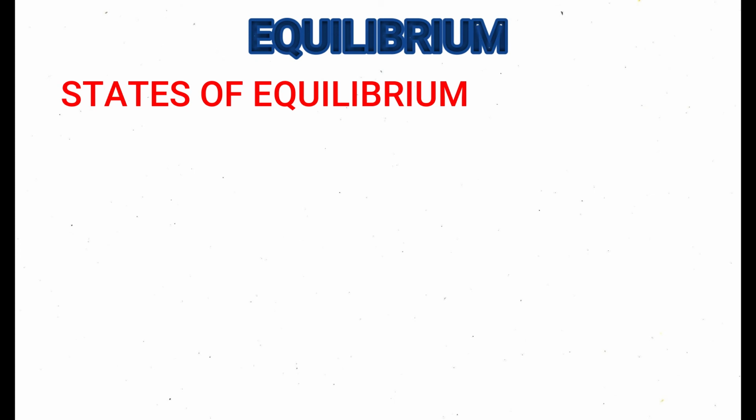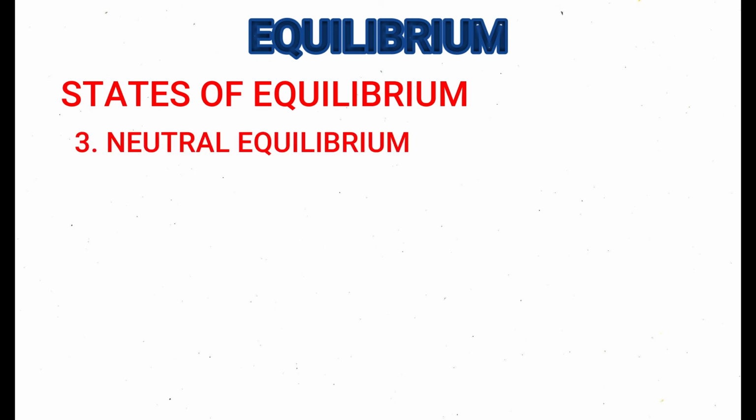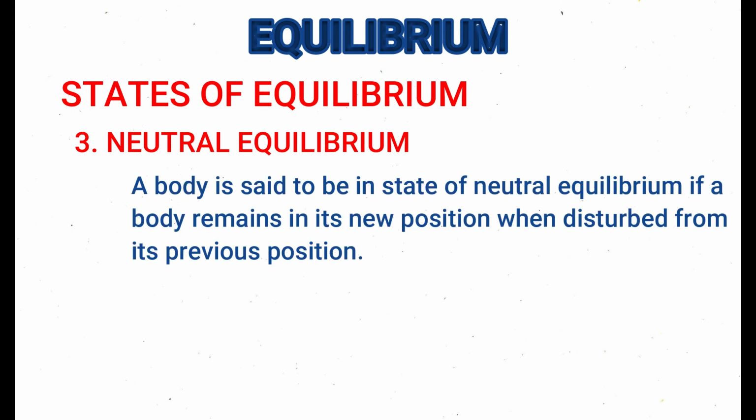Now it's time to discuss the third state of equilibrium, that is neutral equilibrium. The definition of neutral equilibrium is that the body will be in neutral equilibrium if it remains in its new position when disturbed from the previous position. Let us have an example of a ball.